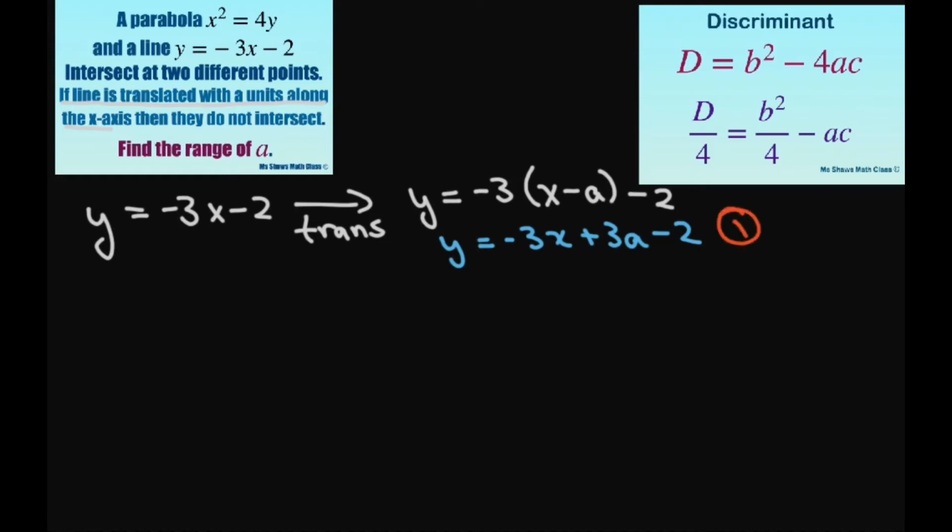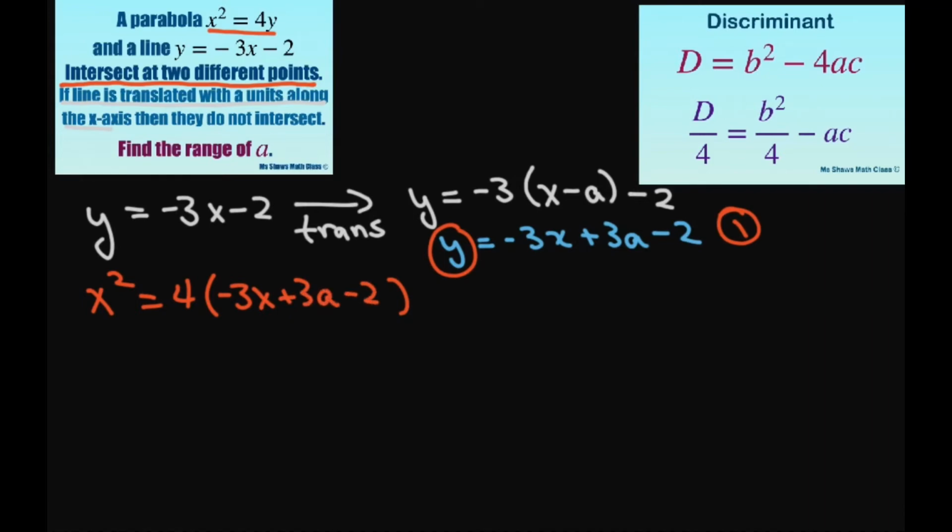All right. Since they intersect at two different points, what we want to do is substitute our y into this equation. So we have x squared equals 4 times y, and our y is going to be 4 times negative 3x plus 3a minus 2.